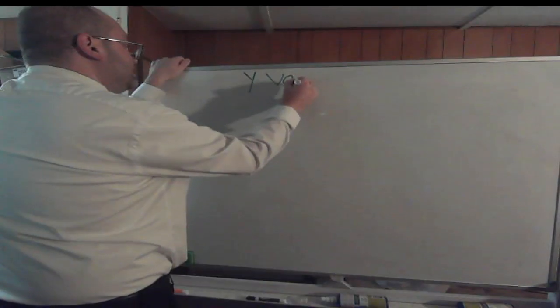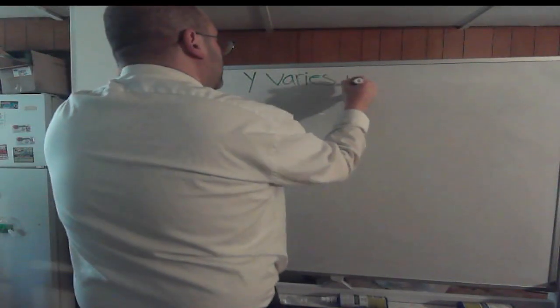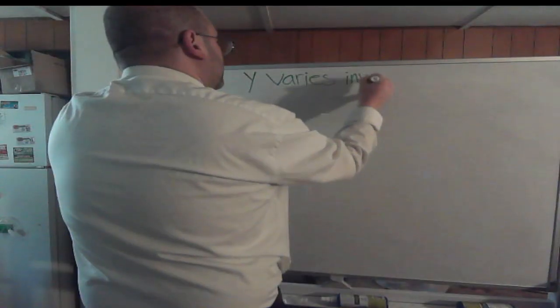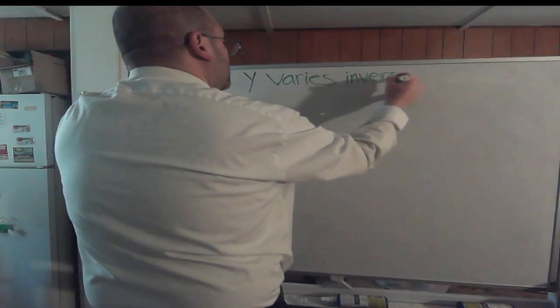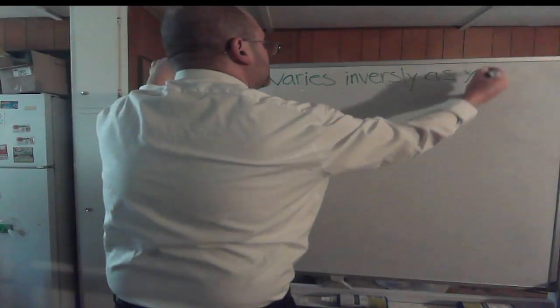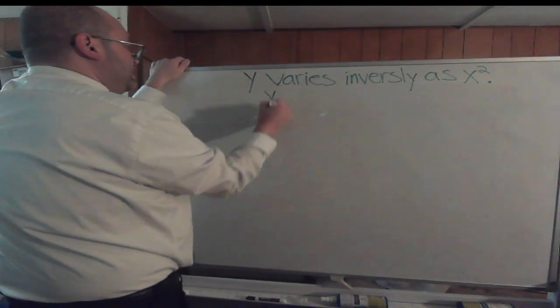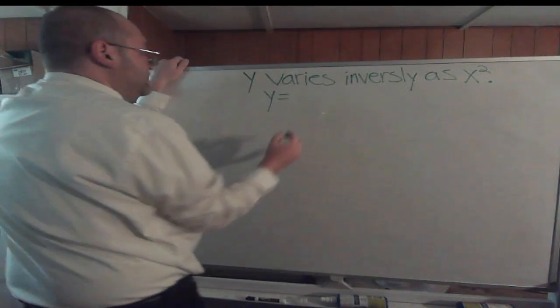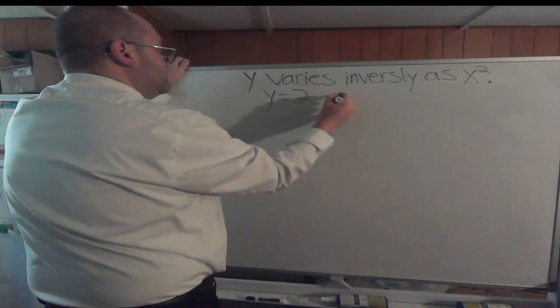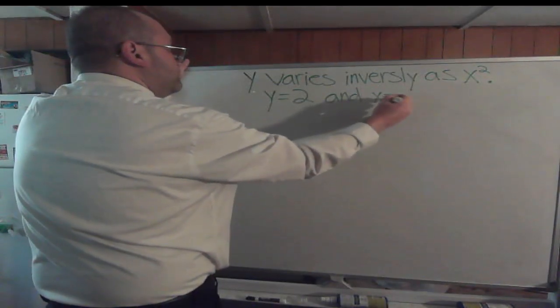Y varies inversely as x squared. They give you y equals 2 and x equals 3.